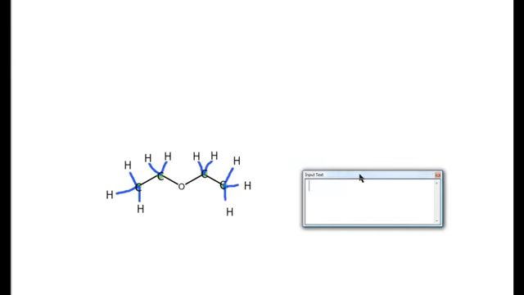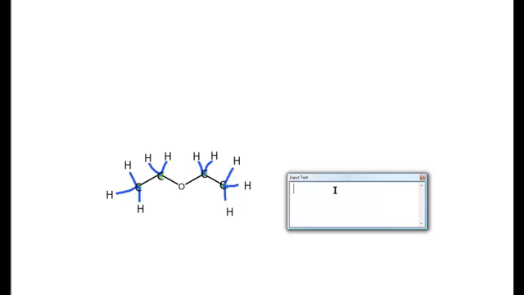Now let's figure out what our condensed representation would be. Starting from the left and moving to the right, I have CH3, CH2, O, CH2, CH3. Another way that I could write this, since I have 2 of the same thing attached to my oxygen, and these 2 things just happen to be ethyl groups, ethyl, not methyl.